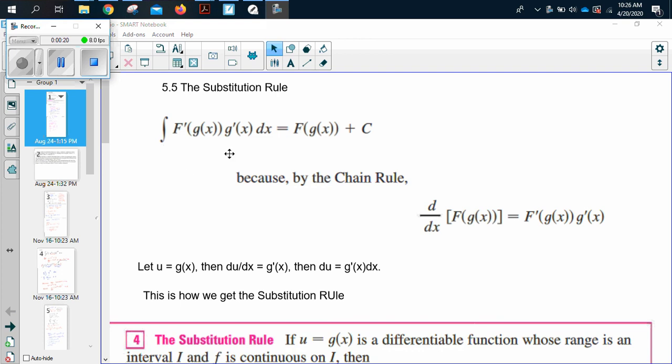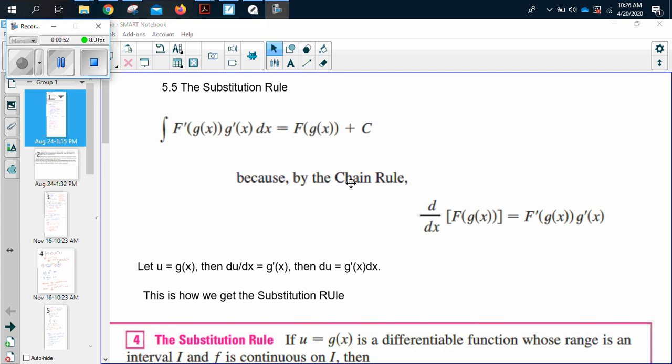So, substitution: if you think about it, integration undoes differentiation, and substitution undoes differentiation that uses the chain rule. If you integrate the outside function evaluated at the inside function times the derivative of the inside function, then the antiderivative is the outside function evaluated at the inside function plus c.